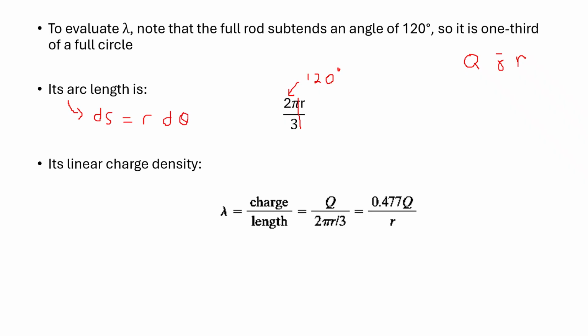So your r is constant, but your theta is 2 pi over 3, because it's bent with the angle of 120 degrees.